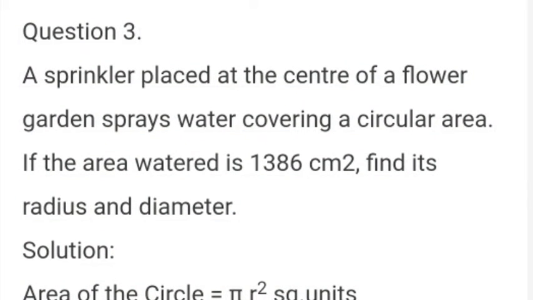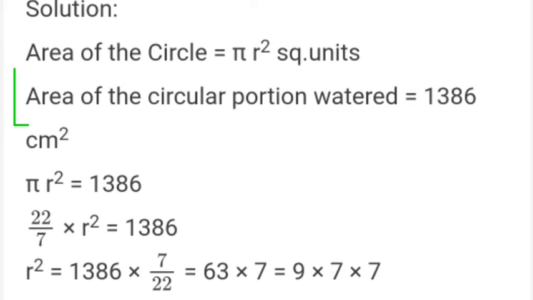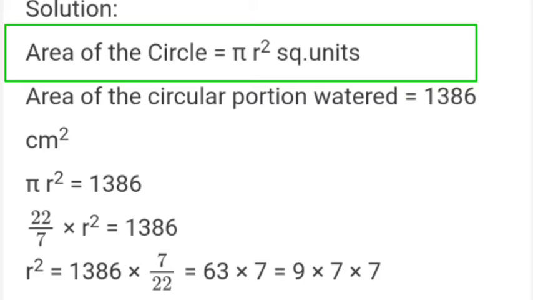Question number 3. A sprinkler placed at the center of a flower garden sprays water covering a circular area. If the area watered is 1386 cm square, find its radius and diameter. In the question, they are given that the area of the circular water covering is 1386 cm square, and we know that the formula for finding the area is pi r square.